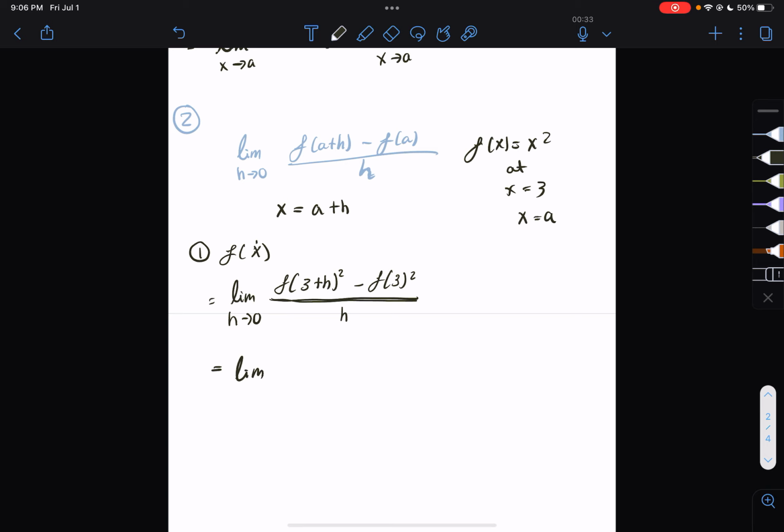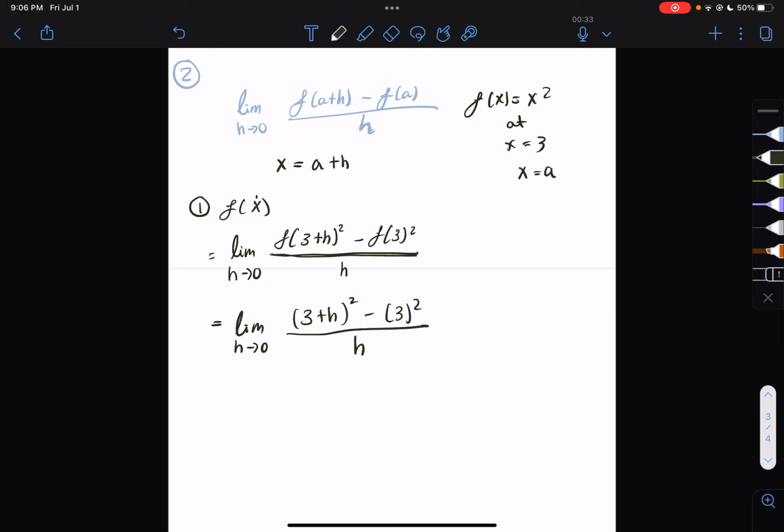And just to simplify, taking all those f of a plus h, to have a cleaner problem to work with, we're going to do the following. So now we just have to FOIL this. And you can do it at the side if you need to.